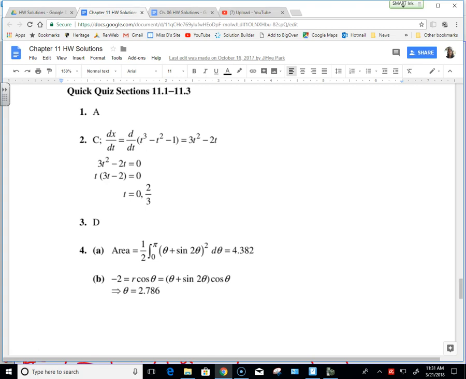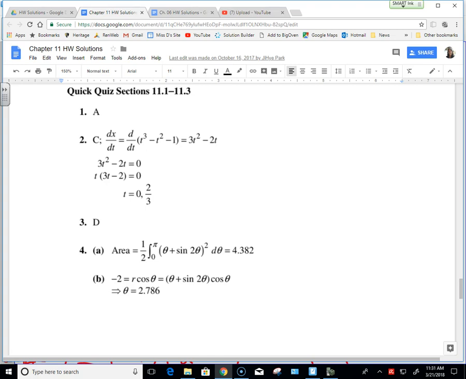Who am I graphing right now? What kind of shape is 2 minus 2 cosine? Cardioid. Not an inner loop because the 2's are the same. Cosine goes between -1 and 1.